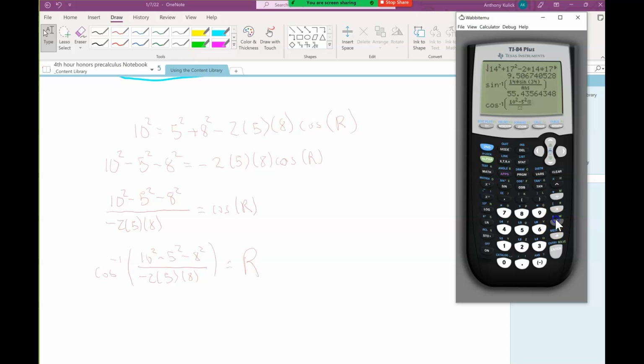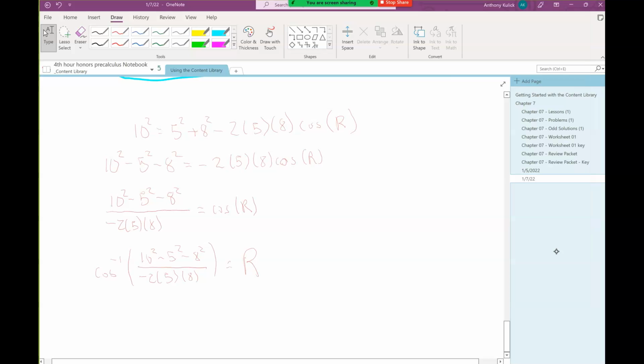But if I just use that fraction command, it'll do it in the same way that I can write it on my sheet of paper, and I don't have to worry about getting the parentheses in the right place so the calculator does the order of operations I want it to. So when I do that, I get 97.90.